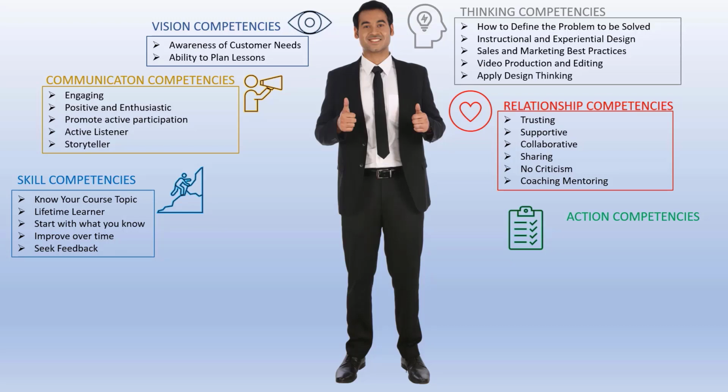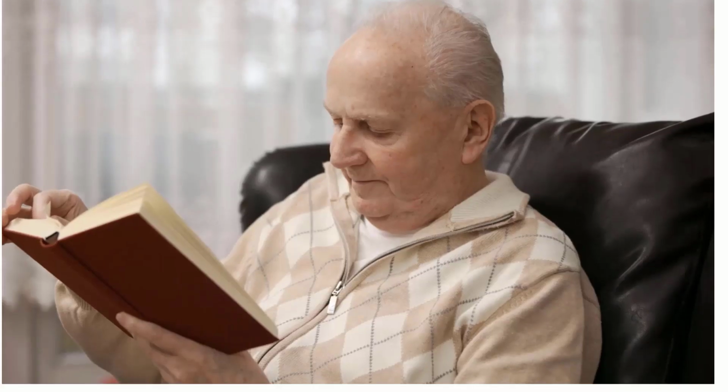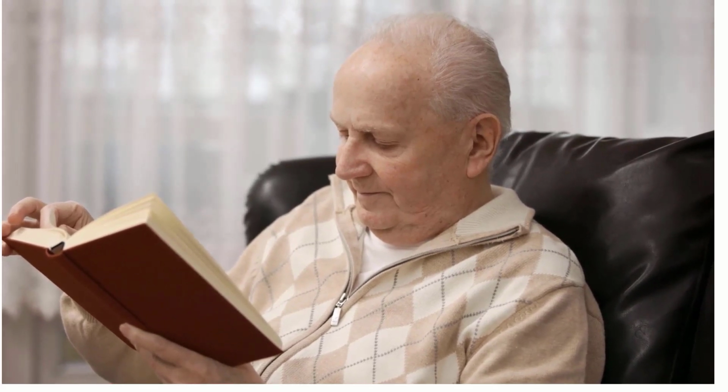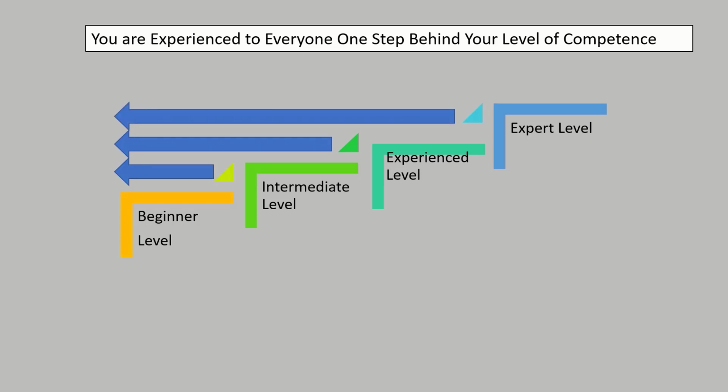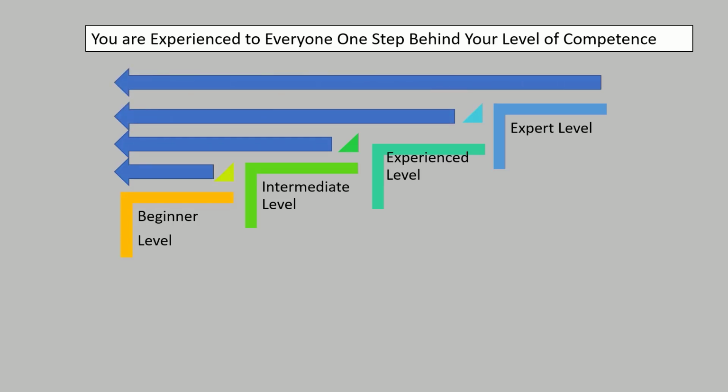Over time, you will increase your knowledge, and I think the best way to do that is to commit to being a lifetime learner in your niche. If you do that, then the percentage of your target niche audience that you can meet their needs will increase, because now you're not just an expert for someone who's a beginner, but you can actually be an expert for an intermediate person, and eventually you'll become an expert for the experts.